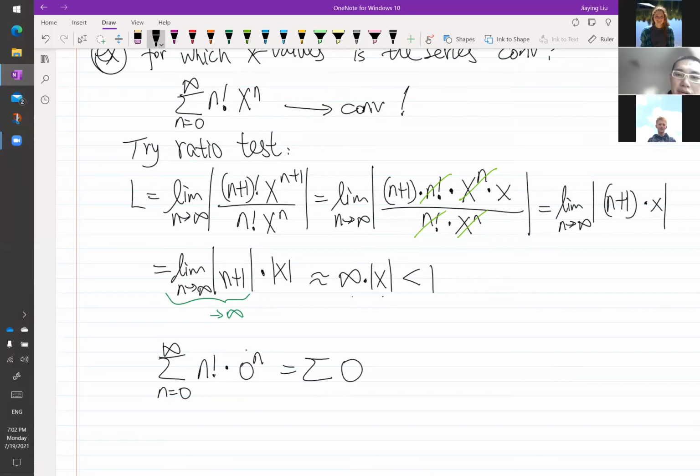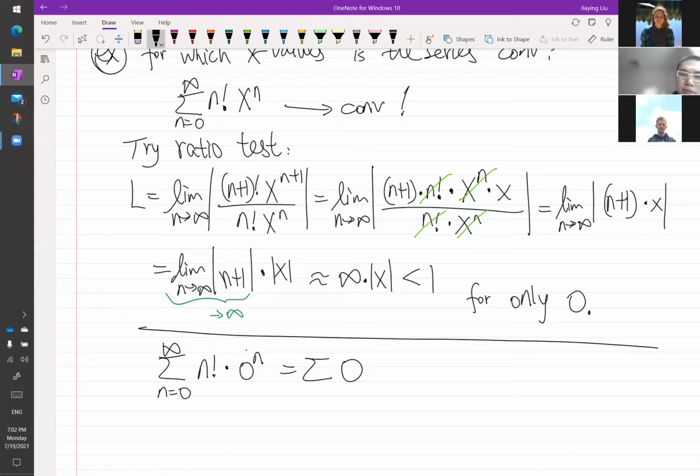So it turns out that this is less than 1 for only 0. That's the only value that works.